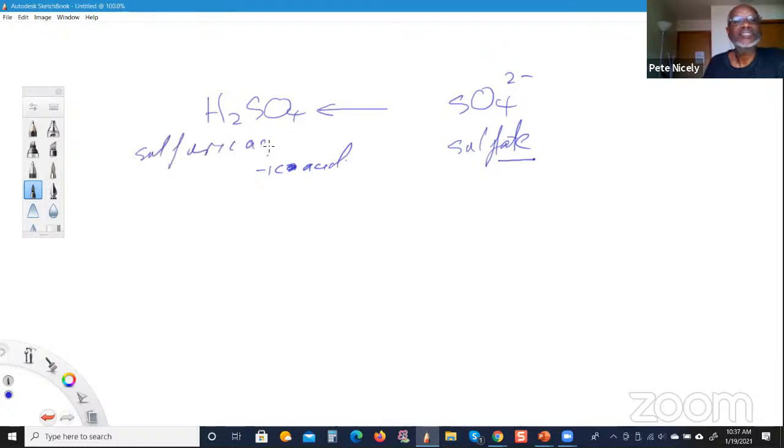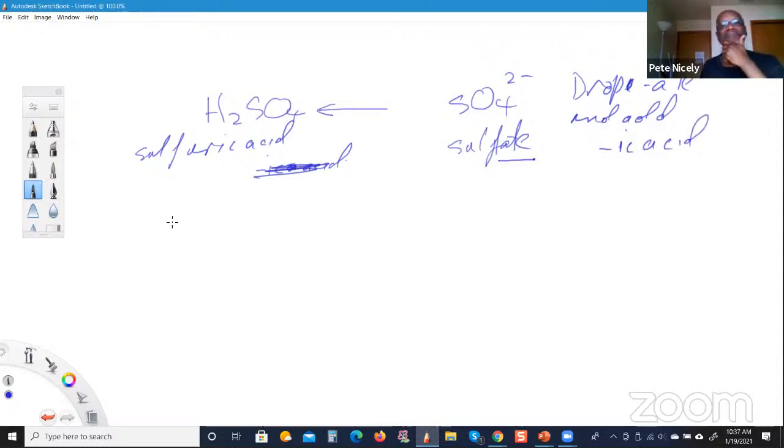So basically, you drop the ATE ending and add the ic acid ending to get the name of the corresponding acid from the corresponding anion with the ATE ending. All right. So sulfate becomes sulfuric.